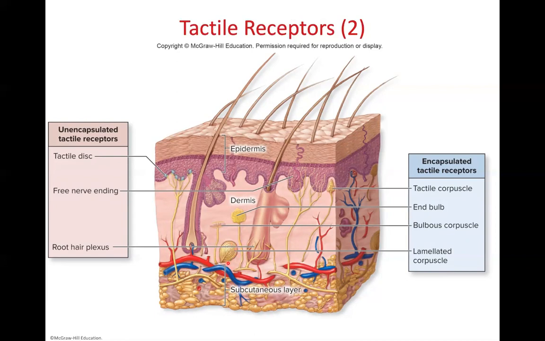So the benefit of these encapsulated tactile receptors is that it takes more pressure, a stronger stimulus, in order to stimulate them as compared to the unencapsulated tactile receptors. So you can detect a very light touch with these free nerve endings, a slightly stronger touch with this tactile corpuscle or Meissner's corpuscle, and a really strong touch if these lamellated corpuscles are firing.